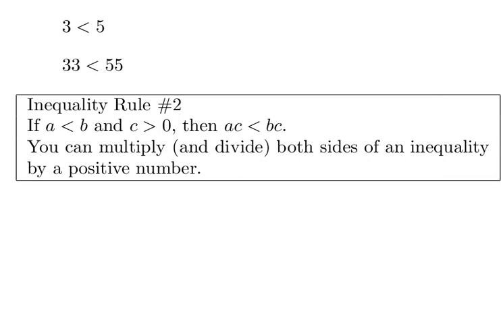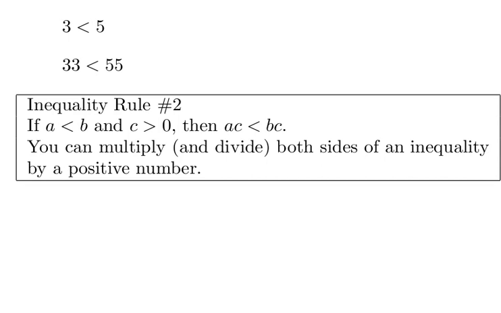Okay, so this applies to division as well as multiplication, as long as C is greater than 0. So let's move on to rule number 3. If that went too fast, you can scroll back and go back to the example of why that works.